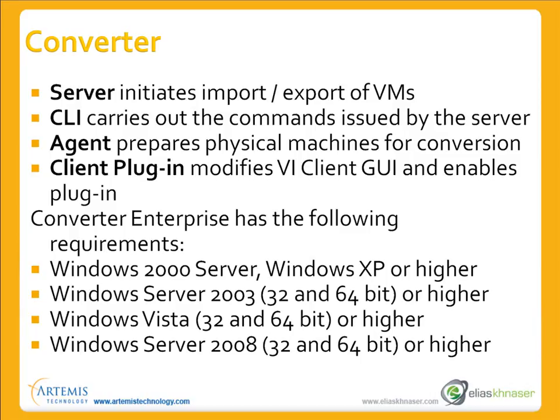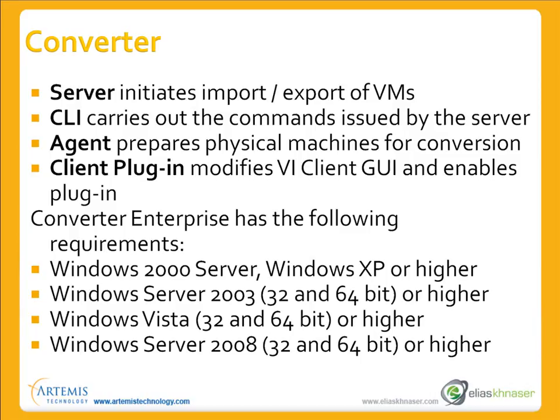The agent is what is either installed or running on the destination machines that are going to be converted. So this is the service that gets installed or is running on the machines that we are about to convert, and it is what prepares them to be converted into virtual machines.